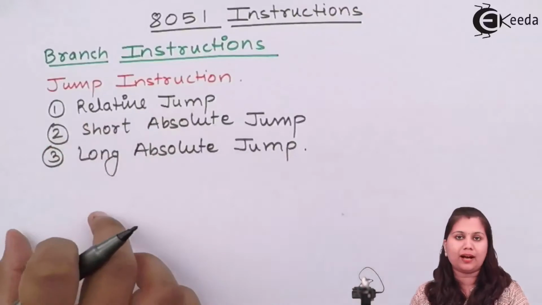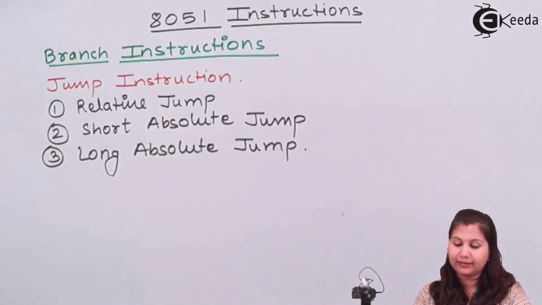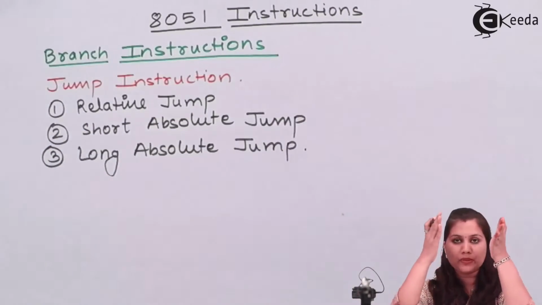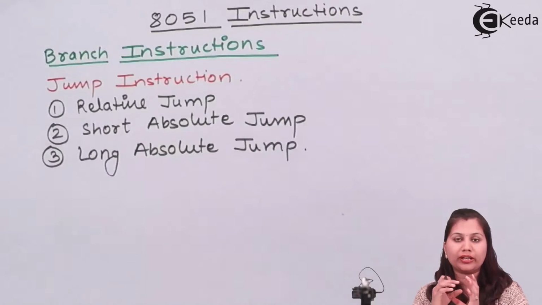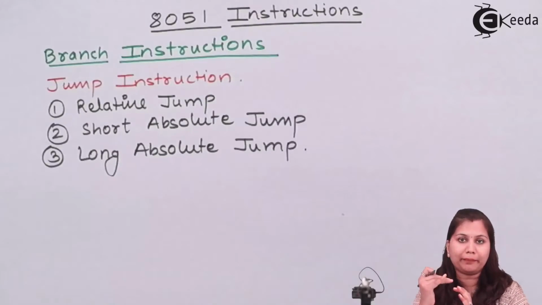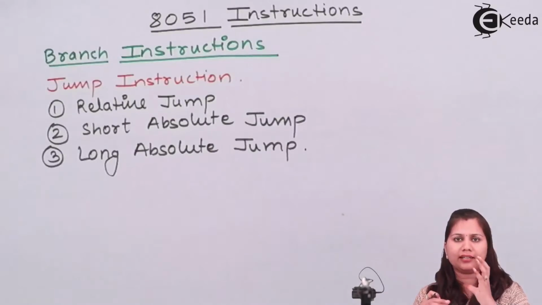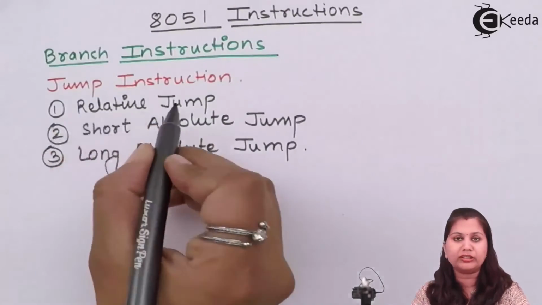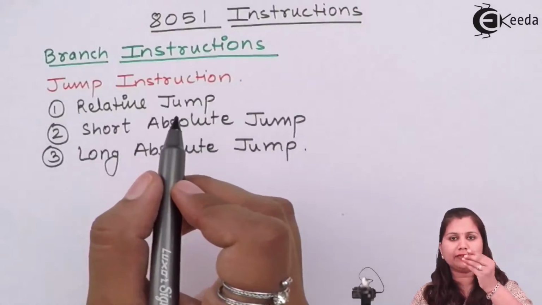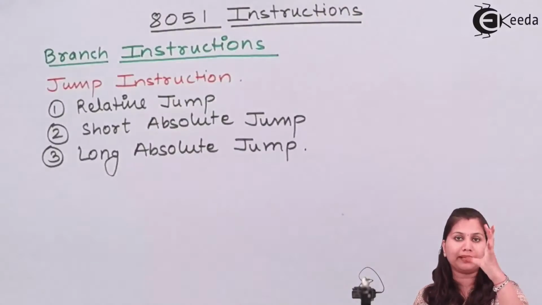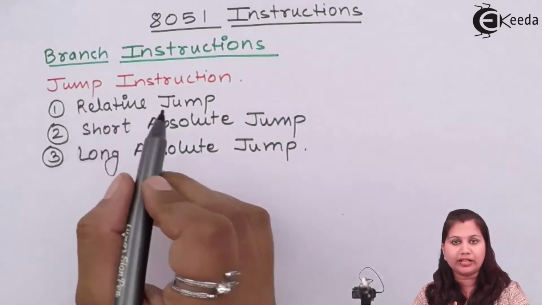These three types are on the basis of the range of the jumping, that is, the program sequence change. If it is in a short range relative to some value, it is called the relative jump.